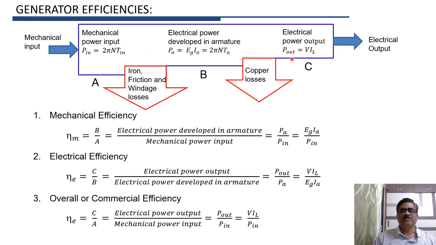In this case, P out is V into IL, and therefore overall or commercial efficiency is equal to VIL upon P in. So unless specified, normally efficiency is considered as overall or commercial efficiency.